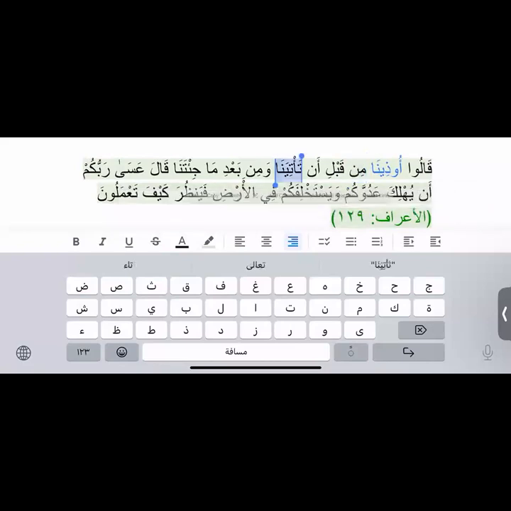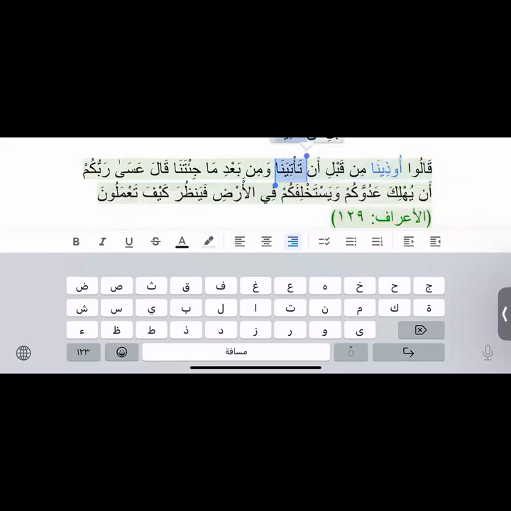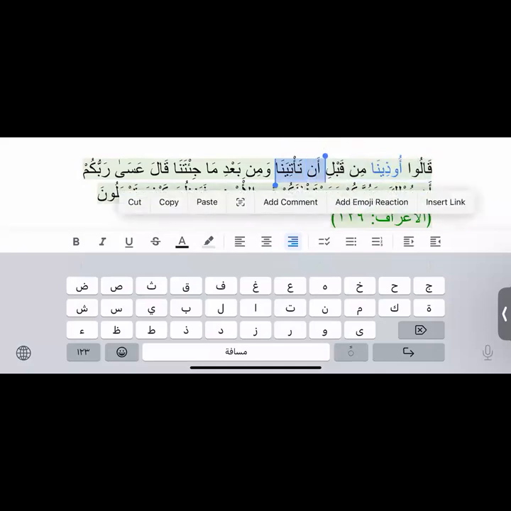So, what's the status of this verb? It is nasb bil fatha zahira, right? Ya has a fatha, so mansub bil fatha zahira. Na is mafulun bihi, and so what is the status of the whole combination? It is majroor.